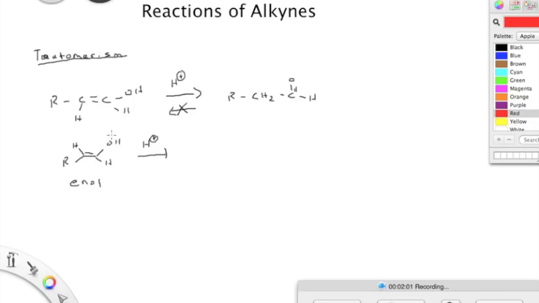And the first thing that's going to happen is these lone pairs that are right here on this oxygen are going to kick down to form the ketone, or aldehyde in this case, form our carbonyl. And then these are going to force over here to pick up this extra hydrogen, this proton that's right there. And so now what you can see is that we have something that looks like this.